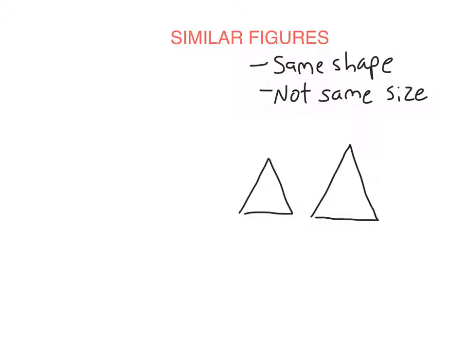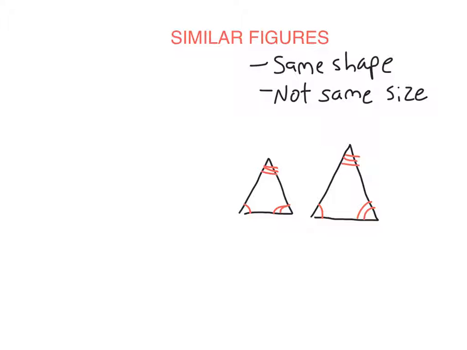Now, to be the same shape, they need to have all of the same angles. As I showed you in the previous video on congruence, if two triangles, or any two shapes for that matter, have all the same angles, that doesn't mean that they will have the same sides. So we're looking at shapes that have all angles equal.